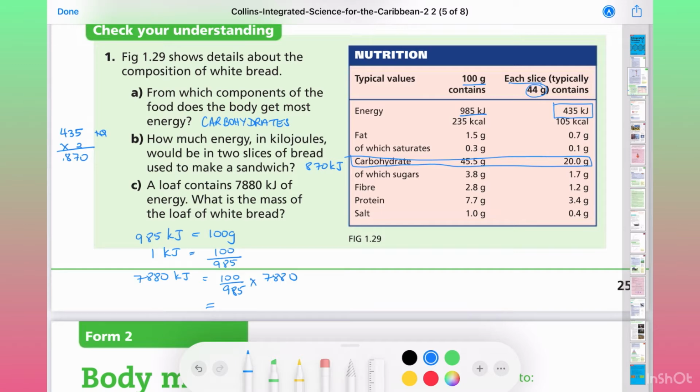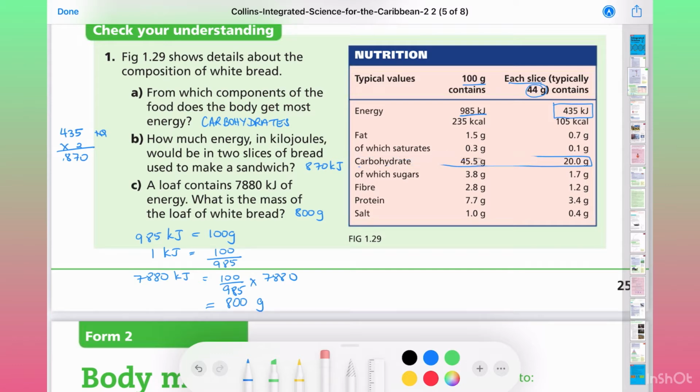So we'll get 100 divided by 985 multiplied by 7,880, and that is going to give me 800 grams. So 800 grams is the mass of 1 loaf of this particular white bread.